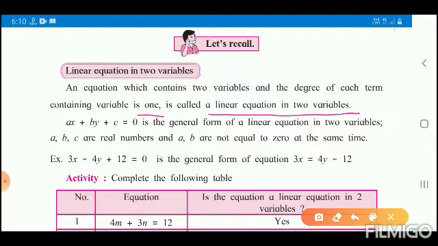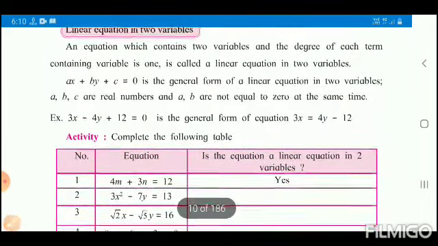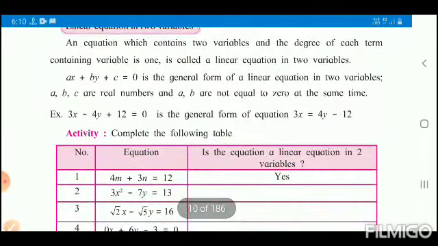Now here they given the general or the standard form of linear equation, that is ax plus by plus c is equal to 0. This is the general form or the standard form of a linear equation in two variables.